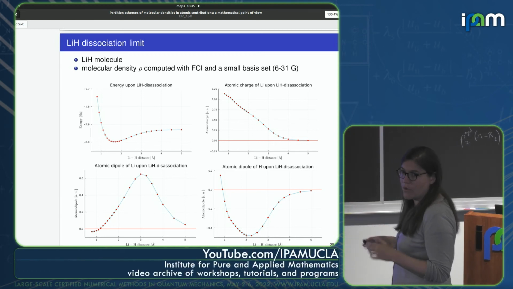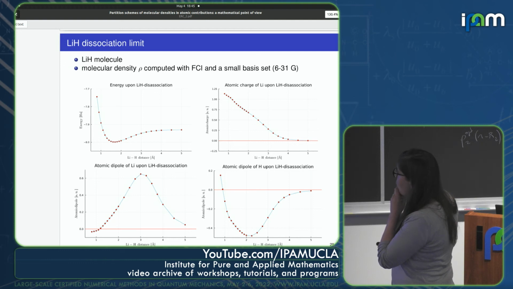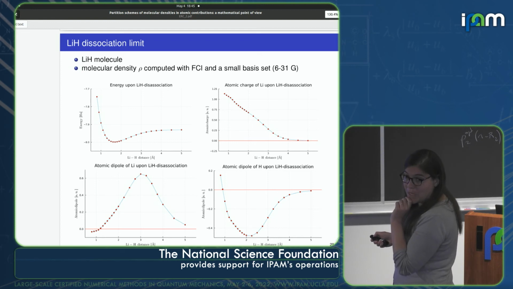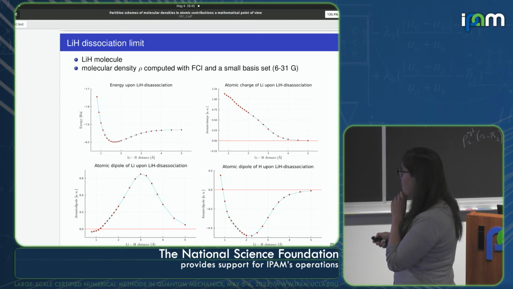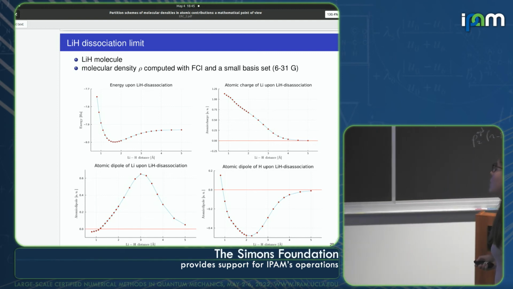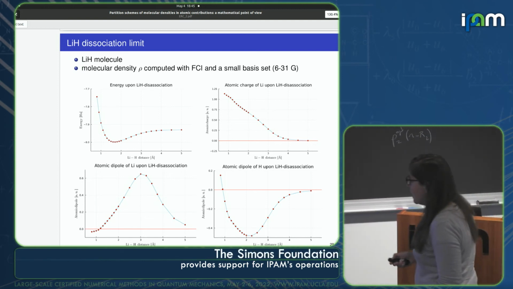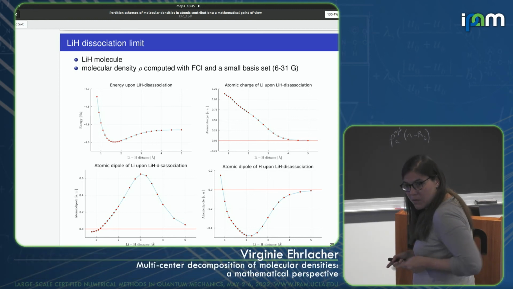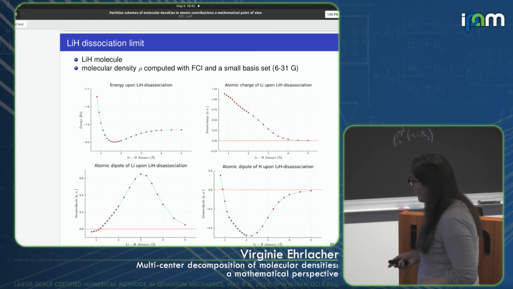That's reassuring. Also, at the equilibrium length, you have a strong polarization of the molecule. This can also be seen on the first order local dipolar moment. Here what's represented is the component of this local dipolar moment in the direction of the dimer.